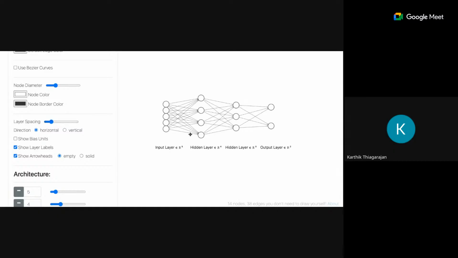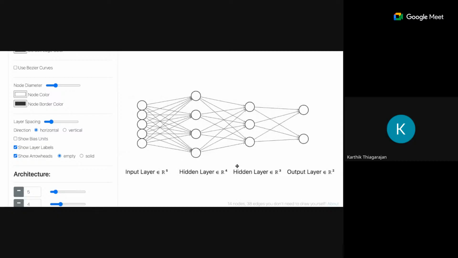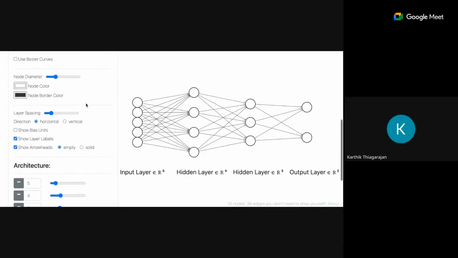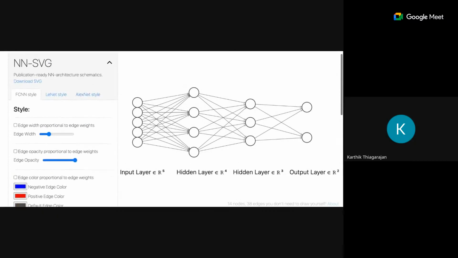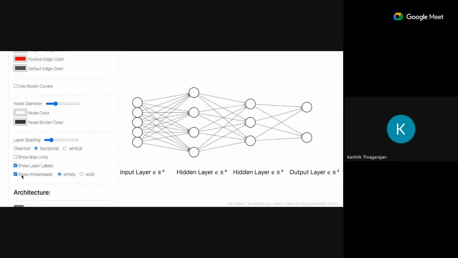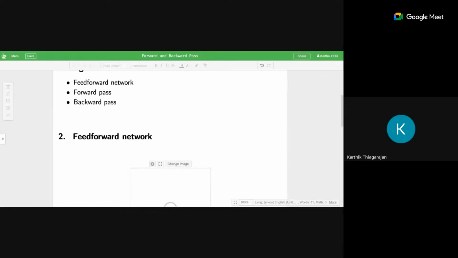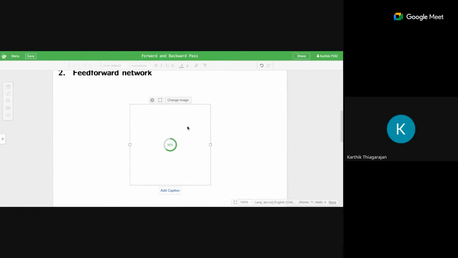I think this much is enough. What else do we need? I'll remove the arrows. I think that point is clear enough, so you don't need the arrows any longer. Node diameter, maybe that much is enough. Okay, so I'll take a copy of this, and then we'll move on to the other page.